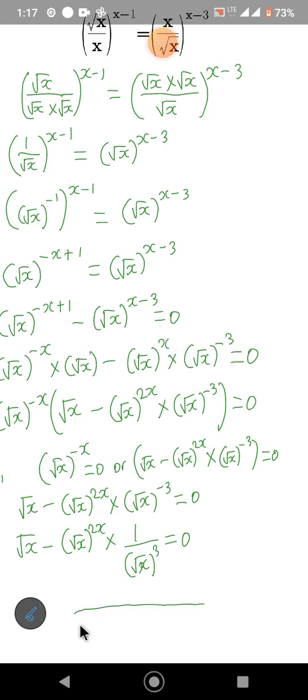Then the next thing I'll do, I'm going to rule like this. So here will be root x. Then now, this is root x over 1. So if I say root x divided by 1, root x raised to the power 3 divided by 1 is the same thing as it. Then times this, here will be root x raised to the power of 4. Then here now, minus root x raised to the power 3 divided by root x raised to the power 3 is 1, so we are left with just this, root x raised to the power of 2x. So everything now will equal 0.